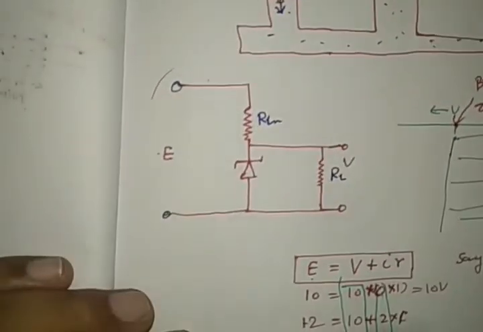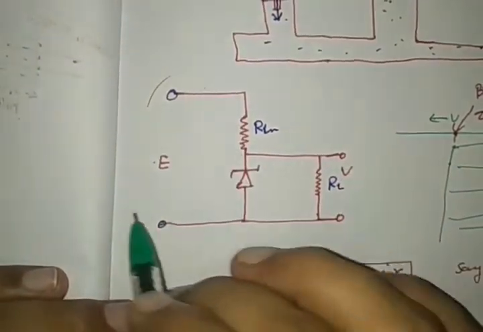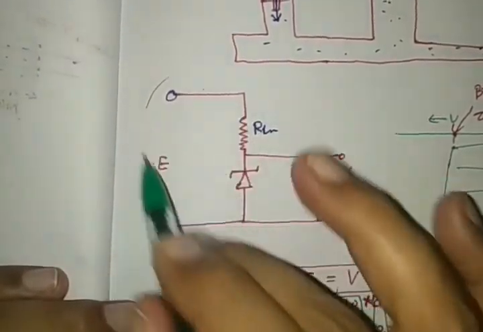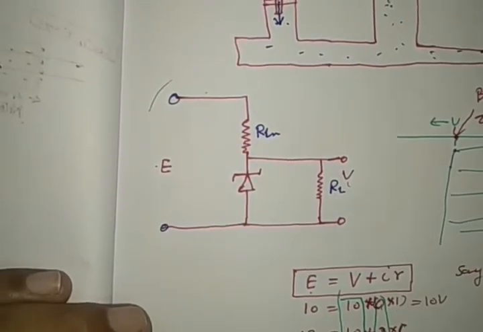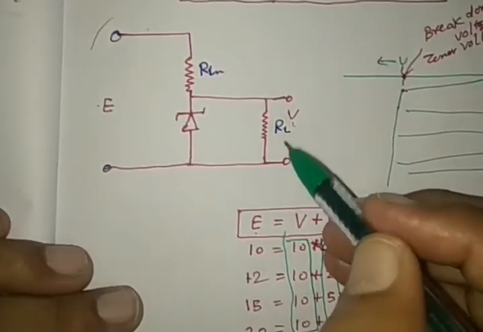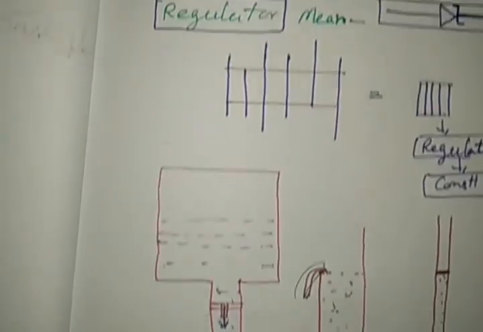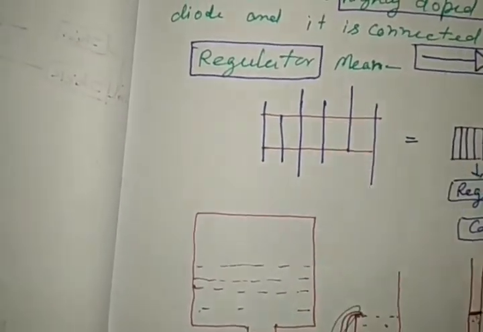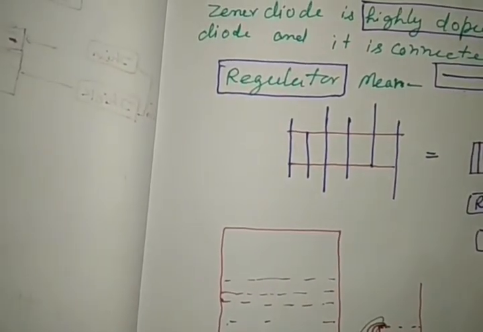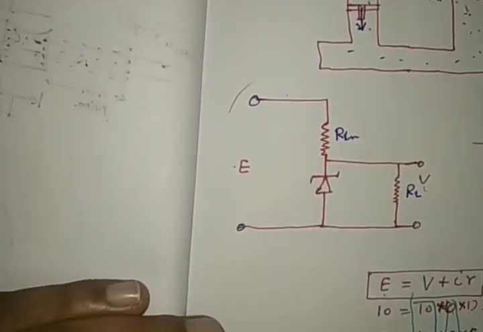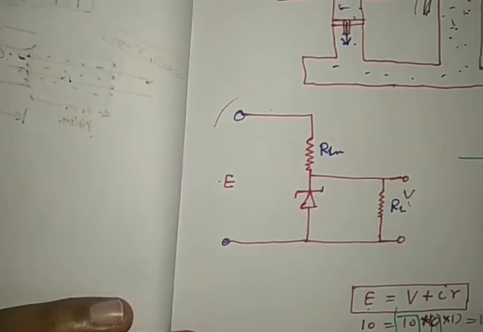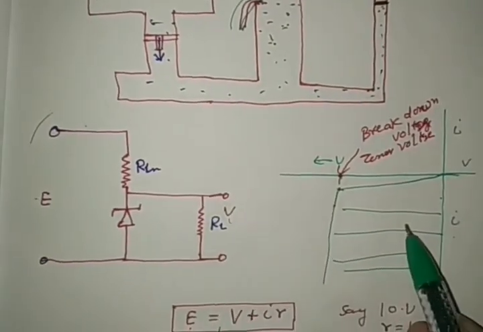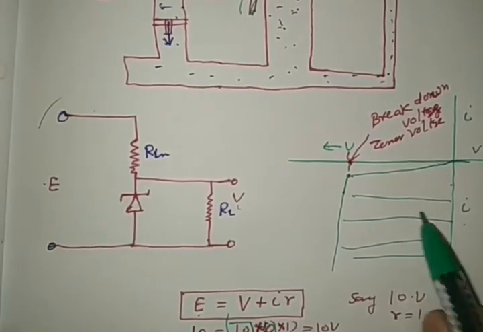Here, the extra voltage flows in the input circuit and is utilized by the input resistance, and the constant voltage is emitted by this. It is the same as that. Unequal voltage is regulated, and it is done by this Zener diode using the reverse bias, the reverse characteristic of it, right?